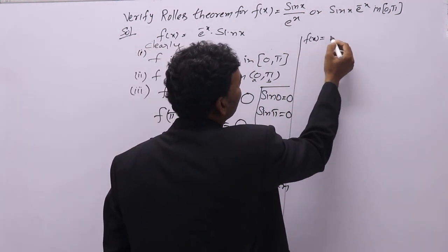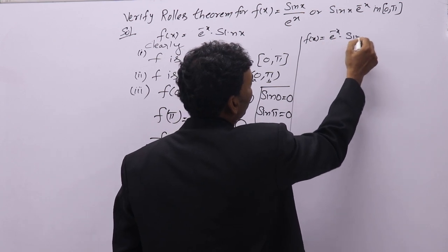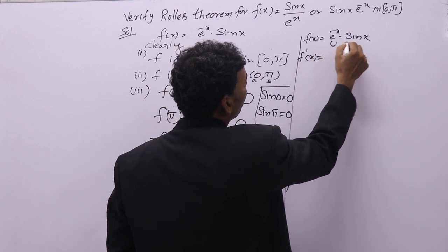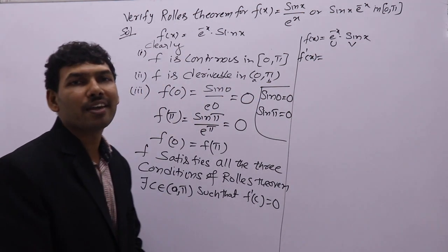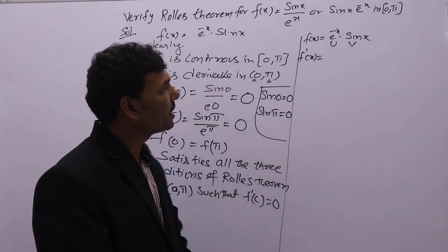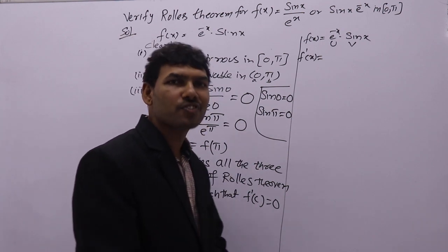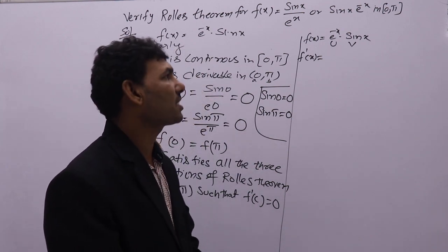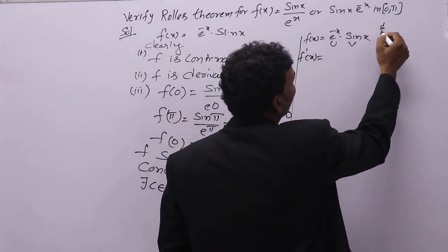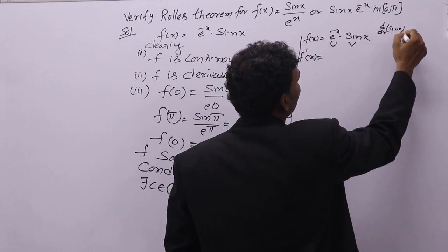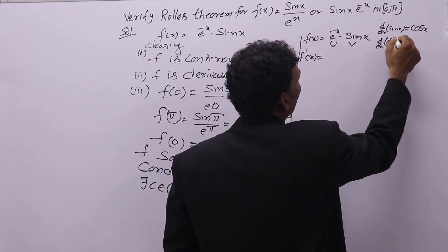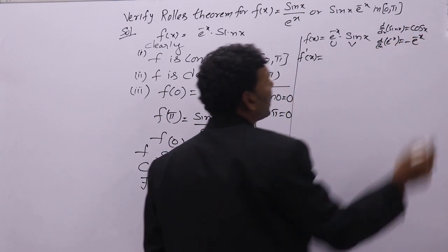f of x is e power minus x into sin x. Here, to find f dash of x, you need to apply the UV rule in differentiation. Differentiation of UV is UV dash plus VU dash. That means you should know the differentiation of sin x and of e power minus x. You all know that d by dx of sin x is cos x, d by dx of e power minus x is minus e power minus x.